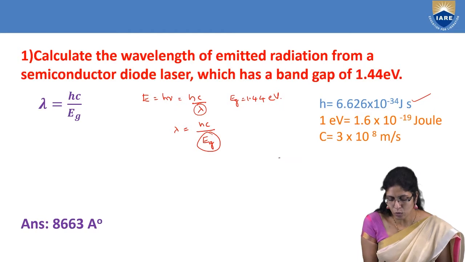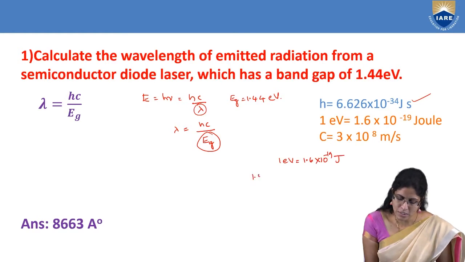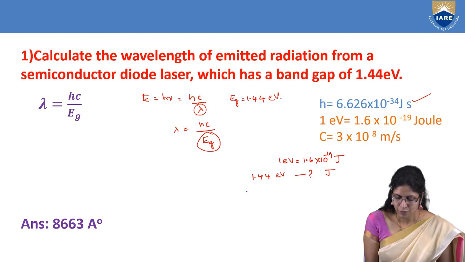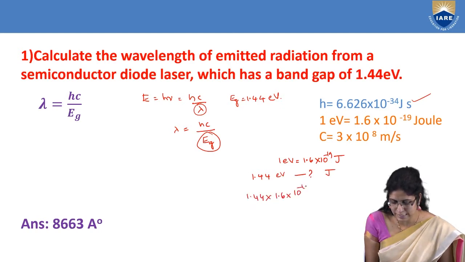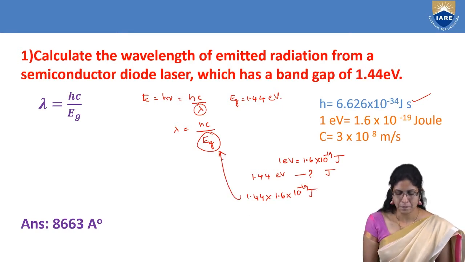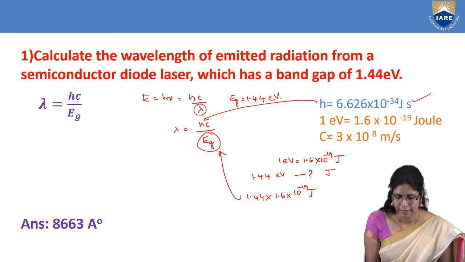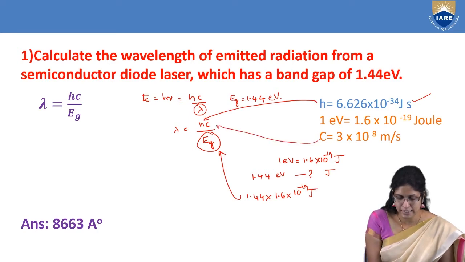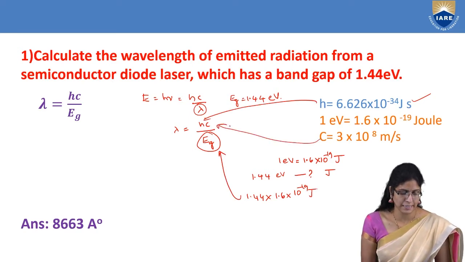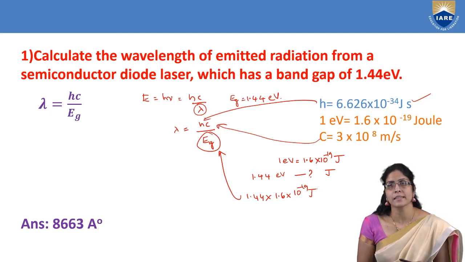If 1 electron volt is equal to 1.6 into 10 to the power of minus 19 joules, then 1.44 electron volt is 1.44 into 1.6 into 10 to the power of minus 19 joules. Substitute that here, along with h, and c, which is 3 into 10 to the power of 8 meters per second. You will end up with the answer 8663 angstrom.